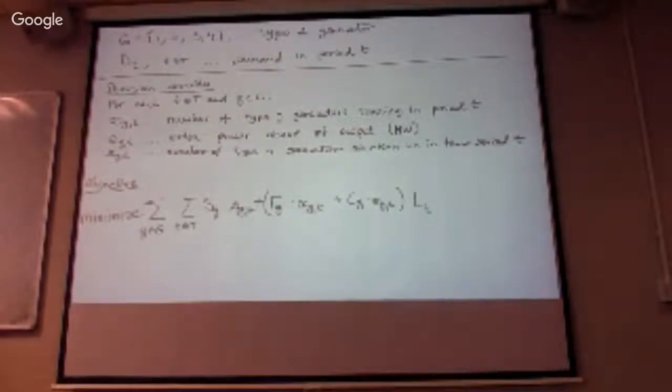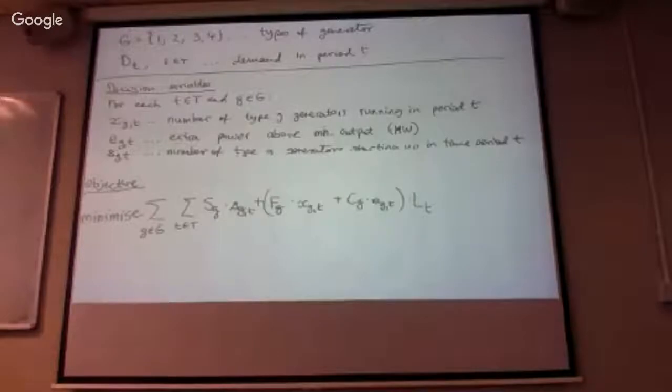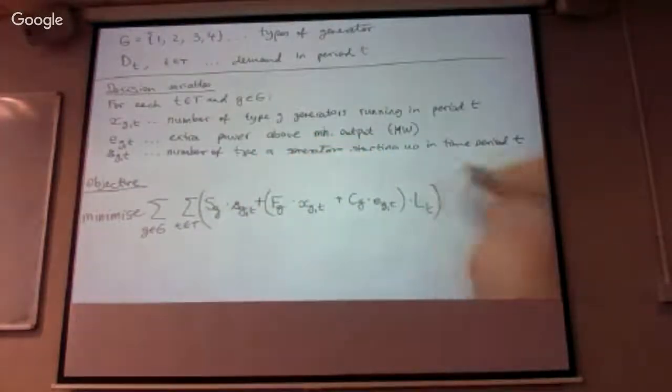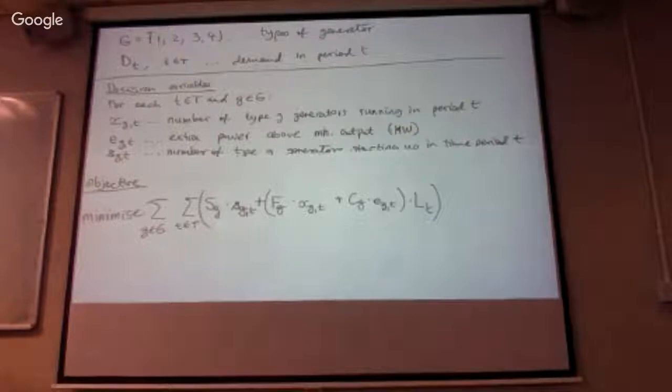Strictly, you should add brackets because of the way the sum applies to the whole thing. Okay, that was easy. Now the constraints.